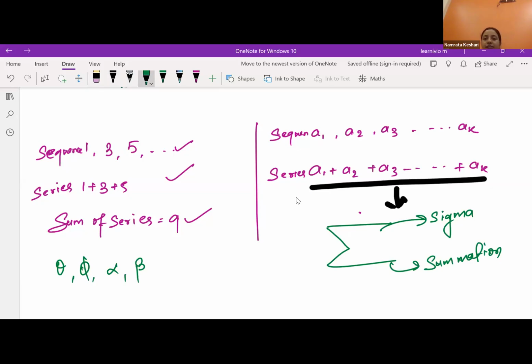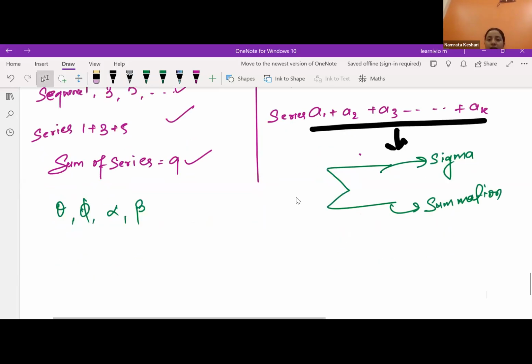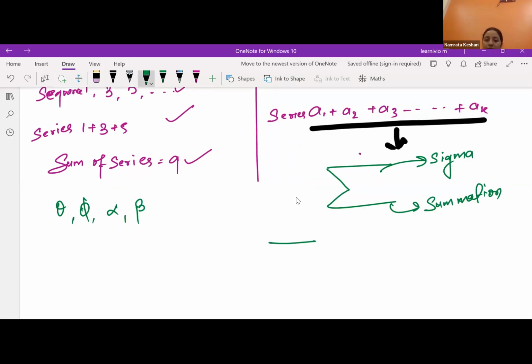If I have to represent a1 plus a2 plus a3 plus up to ak, I represent it with sigma of all ai, where i ranges from 1 to k. This means a1 plus a2 plus a3 plus dot dot dot ak. Getting it, Manvi?